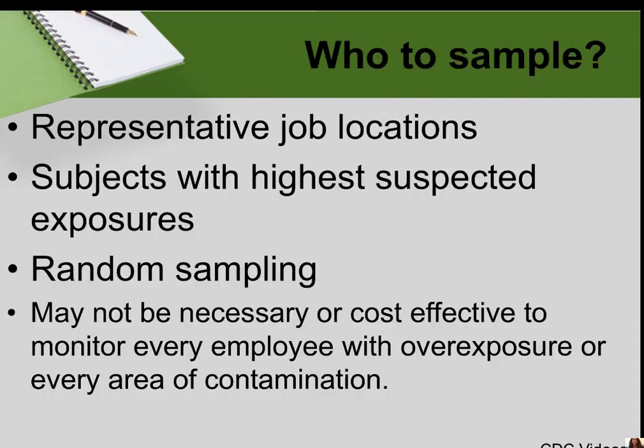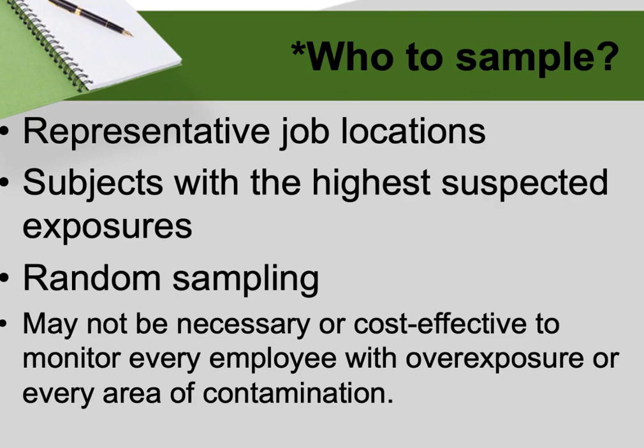So who to sample? Well, we try to sample in each of our representative job locations. We can take subjects with the highest suspect exposure to get an idea of what their exposure is, or we can do random sampling, and certainly one of the first or second homework assignments that you'll do will be an exploration of this random versus worst case versus systematic sampling.